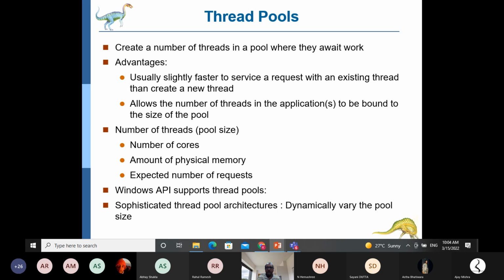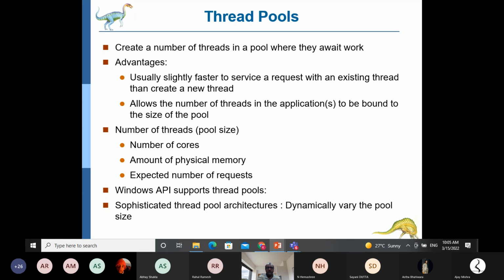This can be done effectively using a multi-threaded server, where whenever a client request arrives, a thread can be created and the request will be passed on to the thread. But it takes time. It is effective compared to creating a process, but still it takes some time, because for every request a thread has to be created and then the request has to be passed on to it.